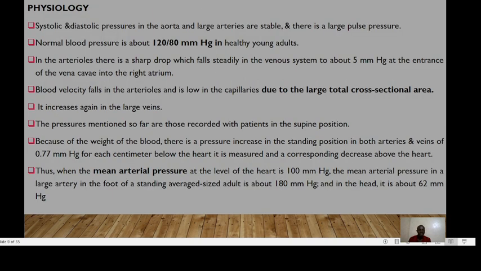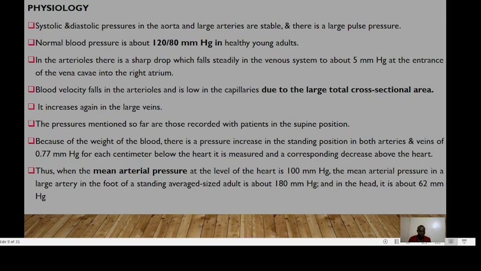It's good to know that both systolic and diastolic pressure in the aorta and large vessels is usually stable, and there is usually a large pulse pressure. The normal blood pressure is about 121 over 80 millimeters of mercury in healthy young adults.